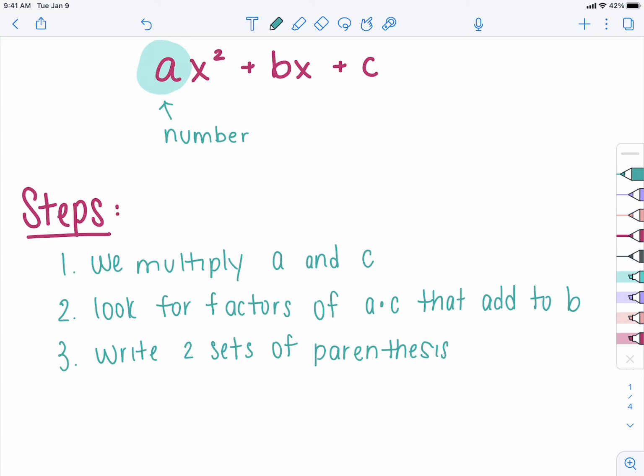But at this point, before we can finish the problem, we've also got to divide our factors by A. So since we multiplied in the beginning, to undo that multiplication step, we've got to divide both factors by A.